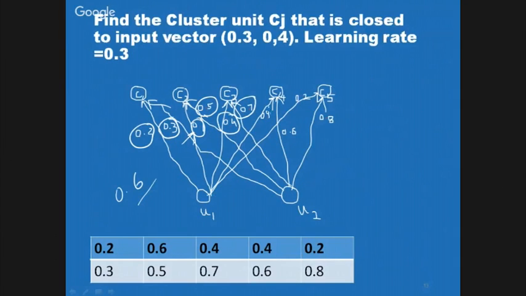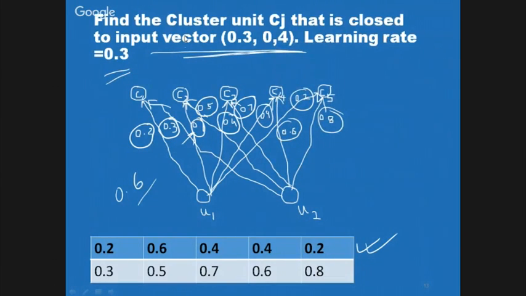U1 and C4 is 0.4, then 0.6, then 0.2 and 0.8. In tabular form: 0.2 and 0.3 for C1, 0.6 and 0.5 for C2, 0.4 and 0.7 for C3, 0.4 and 0.6 for C4, and 0.2 and 0.8 for C5. The input vector is 0.4, 0.4, and the learning rate is 0.3. So these are the points we have got.